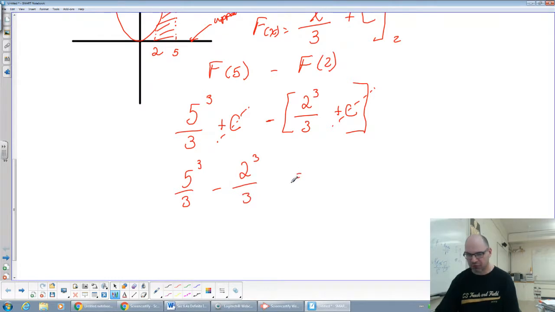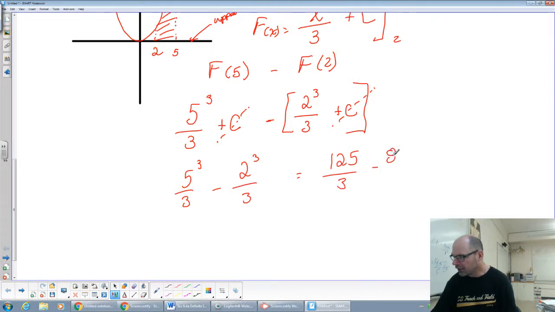So this is going to give us 5 times 5 times 5, which is 125 over 3. And we got 2 times 2 times 2, which is 8 over 3. Okay. So what we usually do in calculus is leave them as improper fractions when we're working them out. So in this case, we got 125 over 3 minus 8 over 3. Okay, use our fraction rules.